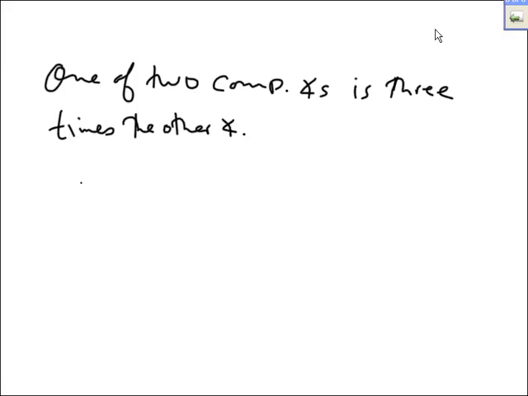Well, we know that they're complementary. That means they add up to 90 degrees. Let's call the other angle, say, x. Well, they tell you one of the 2 angles is 3 times x. The other angle I am calling x.